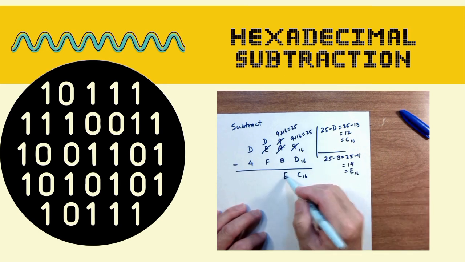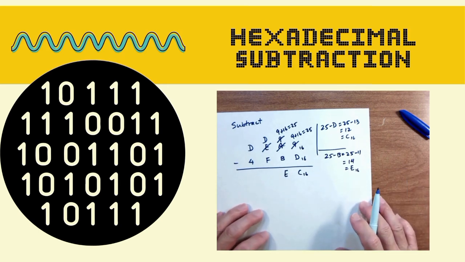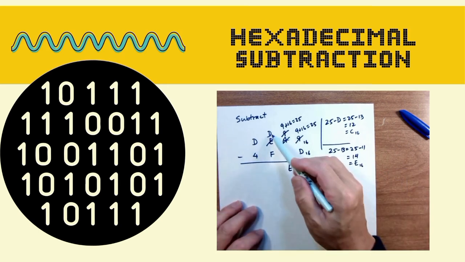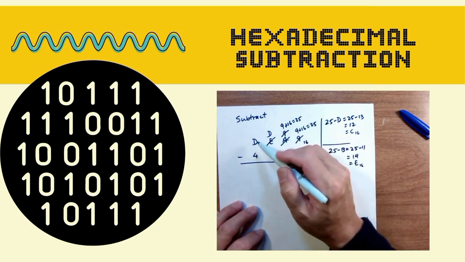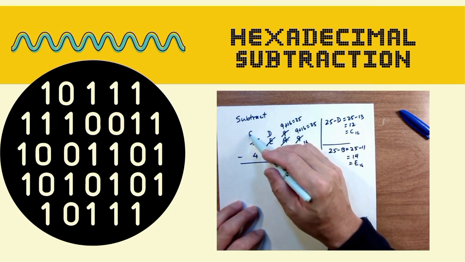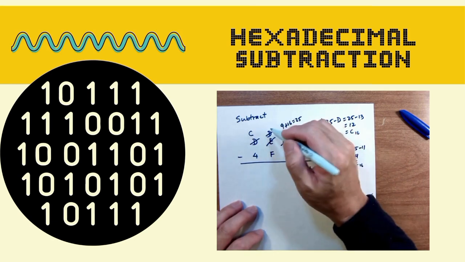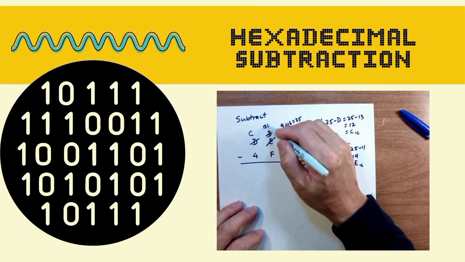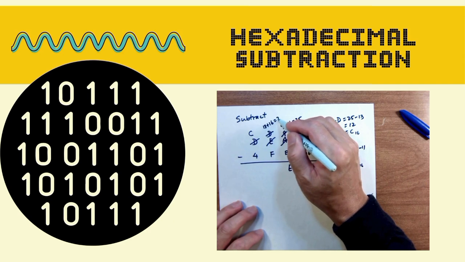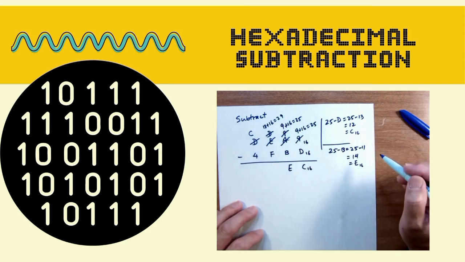Let us proceed to the next column, which is D minus F. Again, D cannot be subtracted, since F is larger than the minuend. We will borrow again from the last column, which is the leftmost. D is cancelled, turning into 13 plus 16 equals 29.